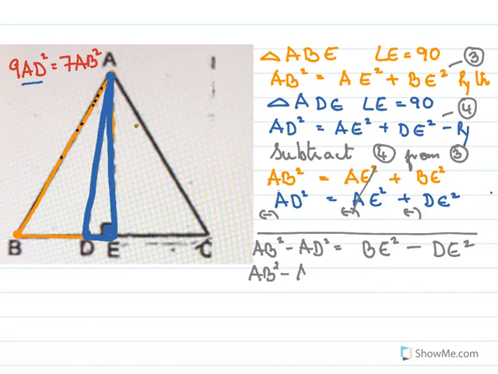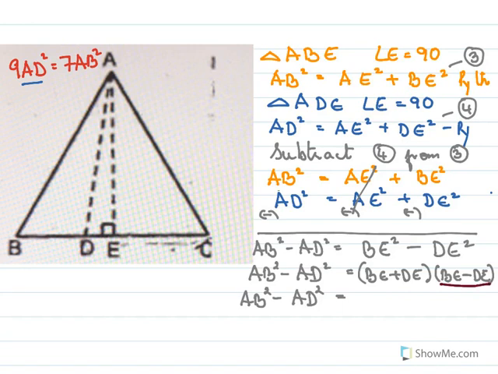So I have AB square minus AD square. Now look at BE square minus DE square. A square minus B square. So this is A plus B and A minus B. So again, AB square minus AD square equal to.